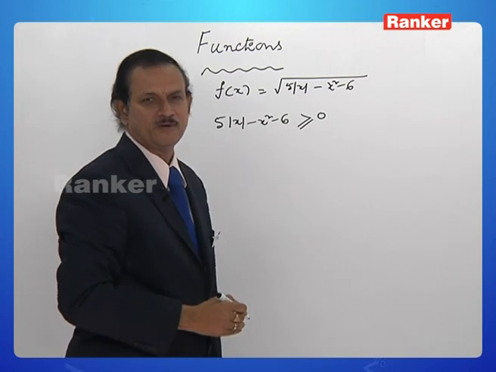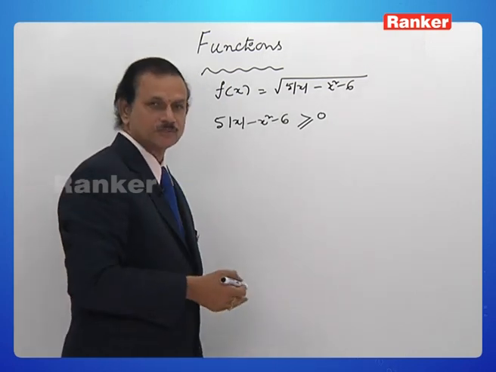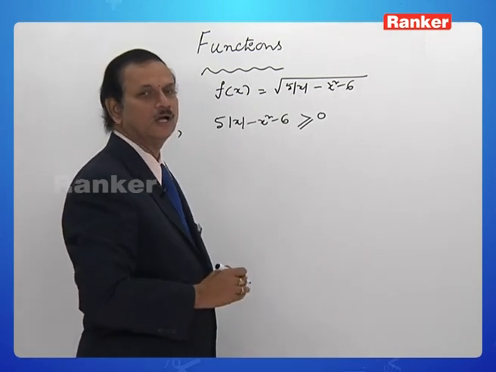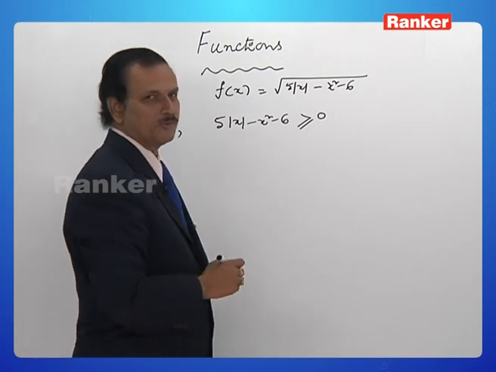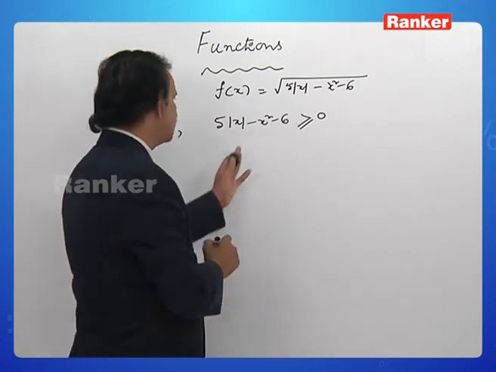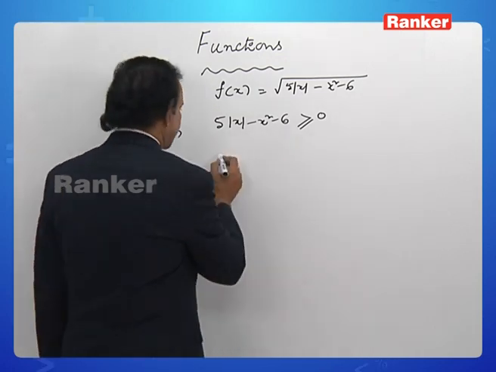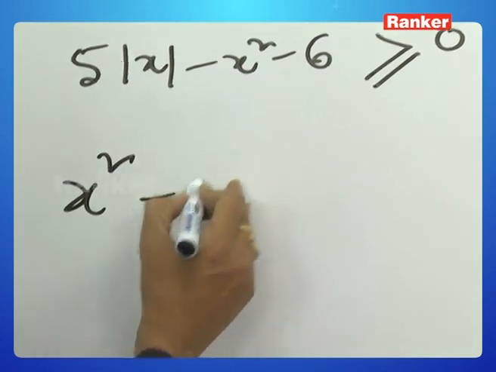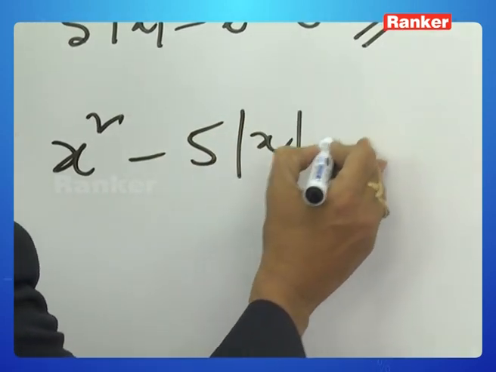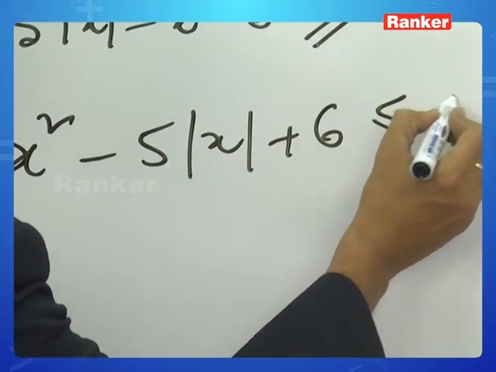We do not bother even if it becomes 0, because root 0 is 0. So there is no problem in finding f of x even when this happens to be 0. This is greater than or equal to 0. This can be written again as x square minus 5 mod x plus 6 is less than or equal to 0.